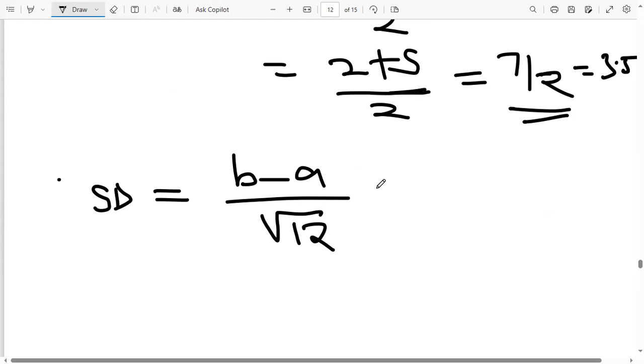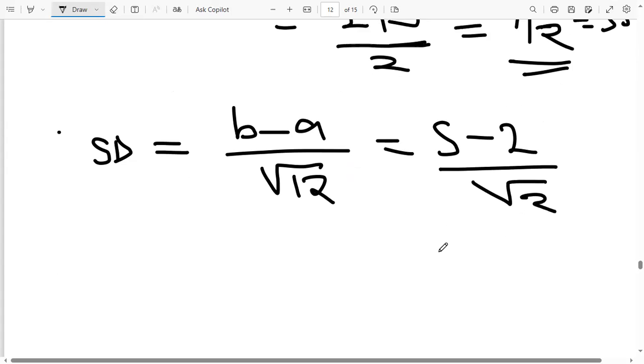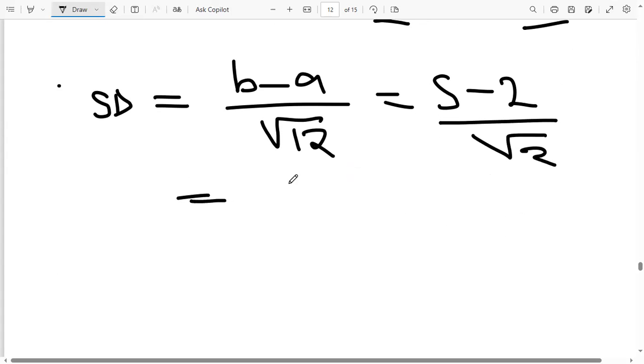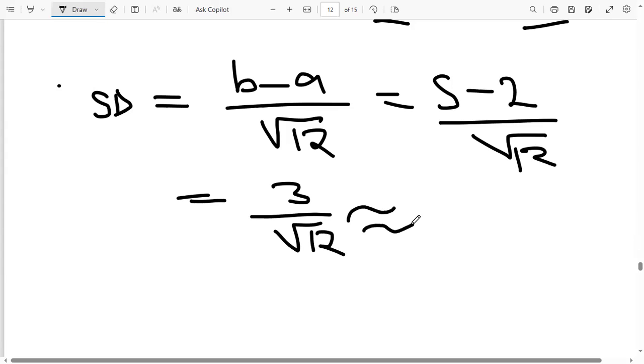So we are just going to say 5 minus 2 divided by the square root of 12. So this would be equal to 3 over the square root of 12. We punch this into the calculator, it will be approximately 0.866. This will be our standard deviation.